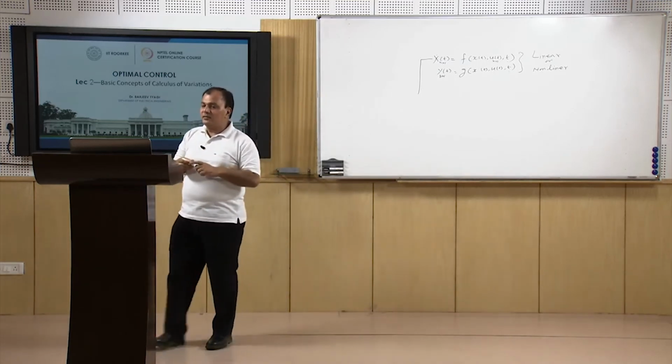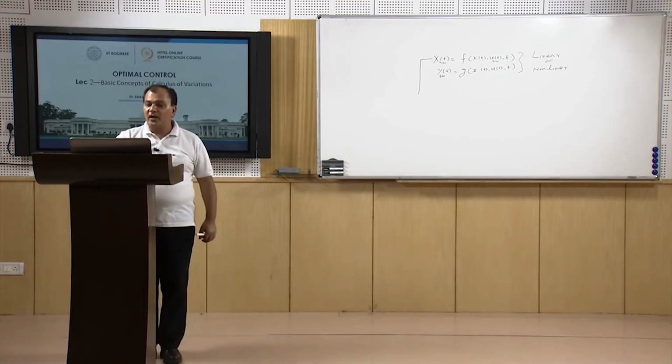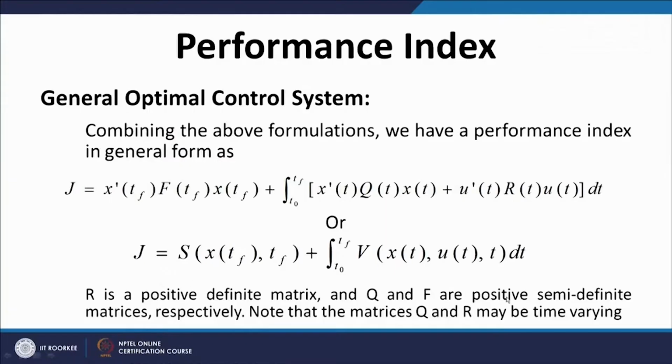In such a case, we can have the general representation of my performance index as S of x of tf, which represents my terminal cost at t equal to tf, and integral t0 to tf V x u t, which defines my integral cost. So, in the linear case the same I can represent by this.